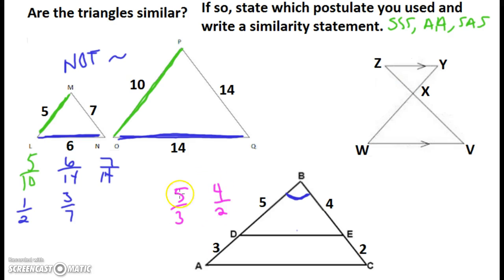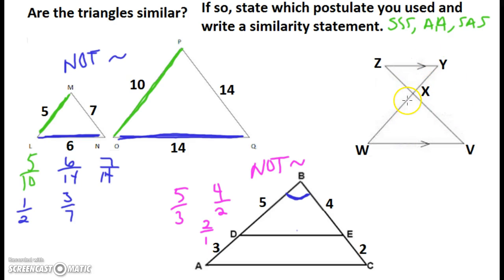Well, 5 over 3 already is in reduced form. That's as low as it can go. And 4 over 2 reduces to 2 over 1. Are 5 over 3 and 2 over 1 the same? No, they're not the same, which means these two triangles are also not similar. Well, hopefully we find one that is similar.